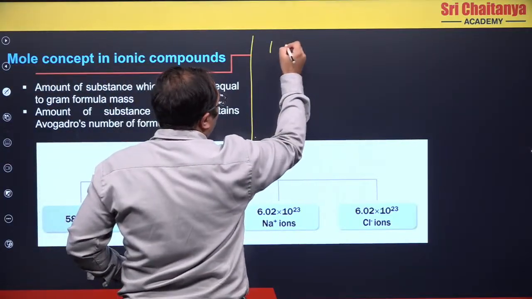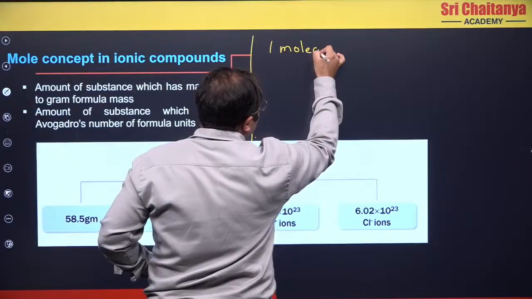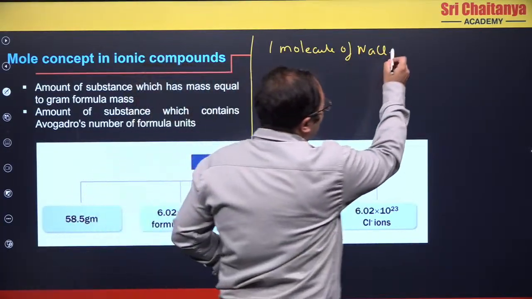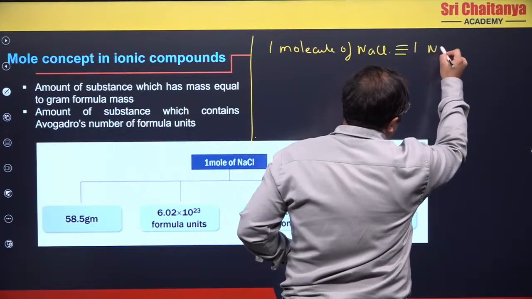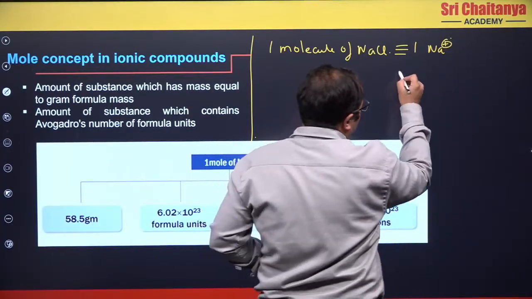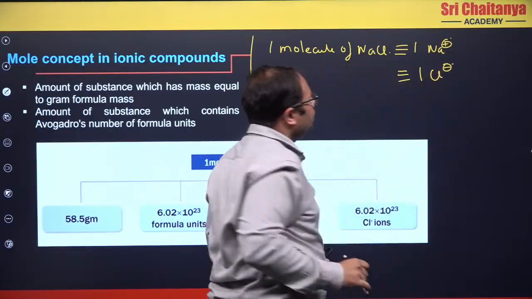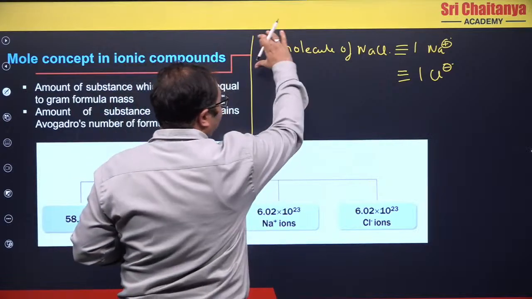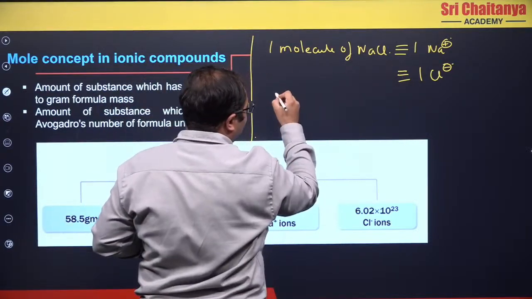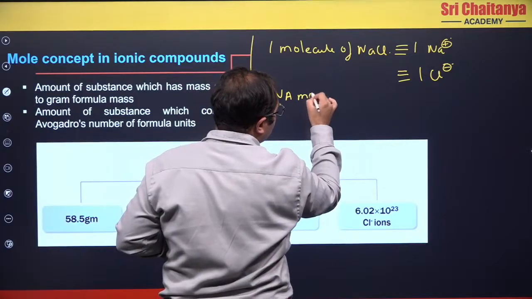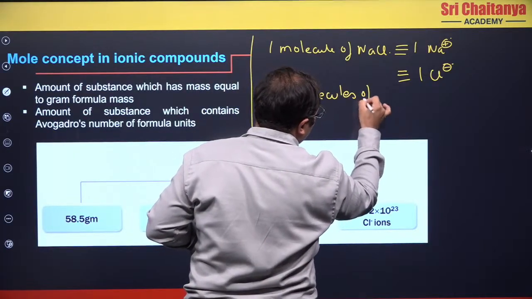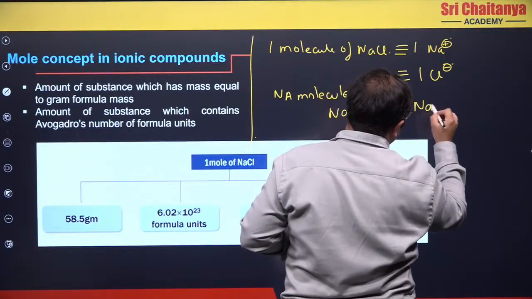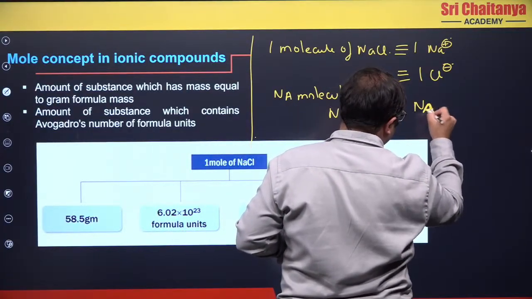Suppose one molecule of NaCl will have 1 Na+ and 1 Cl-. Now, if I want to make it into 1 mole, N_A should be there. So multiply both sides by N_A. If you do that, you get N_A molecules of NaCl, which will be equal to capital N_A.